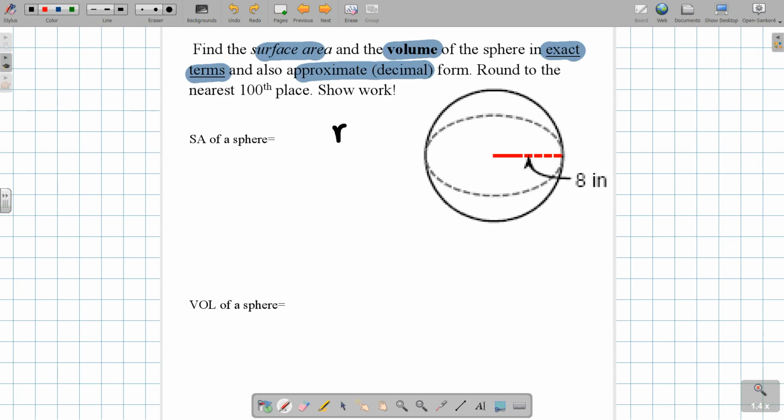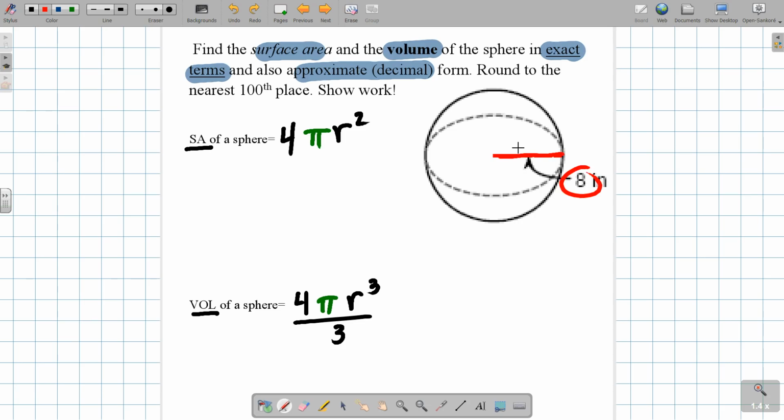For a sphere, you start with r squared for area. For volume, you start with r cubed. Pi, pi. 4, 4, only addition for volume, that's over 3. So ready? Let's do surface area.